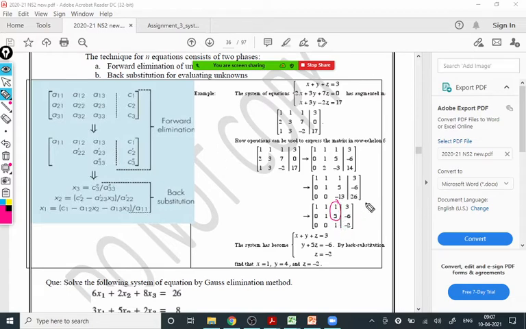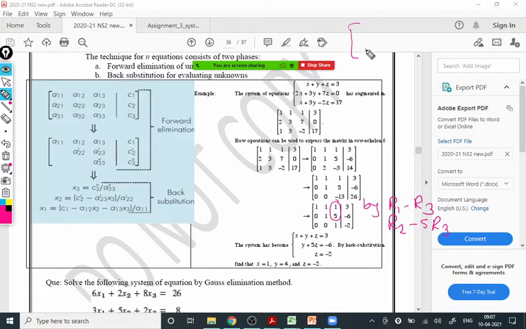So the transformations we use here are R1 minus R3, which gives 1 minus 1, 0, and R2 minus 5R3. This gives us two zeros here. You'll observe the matrix will be converted to this.